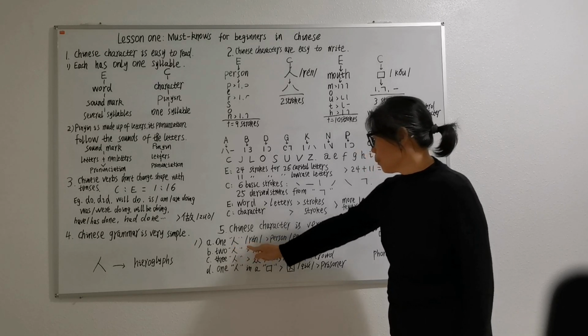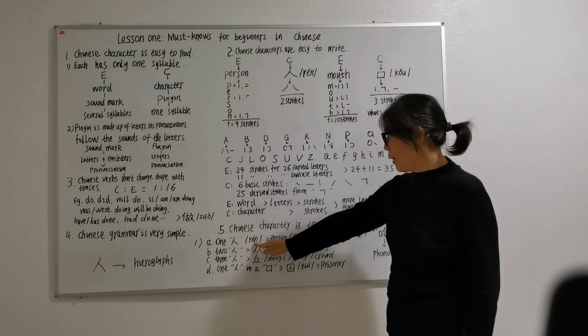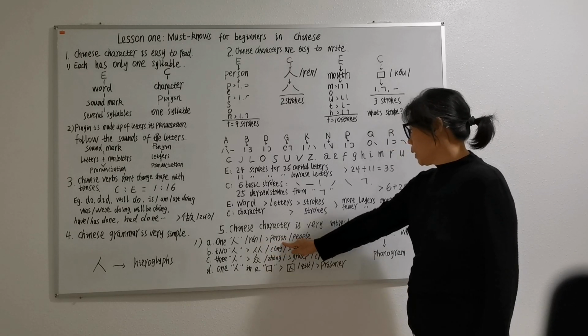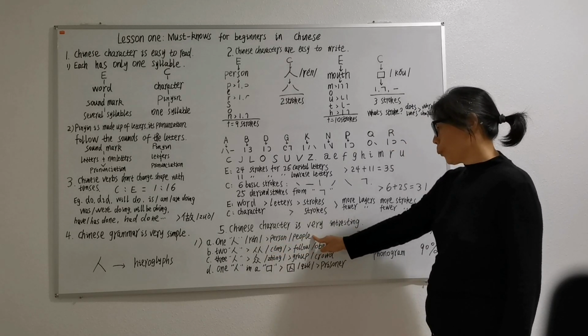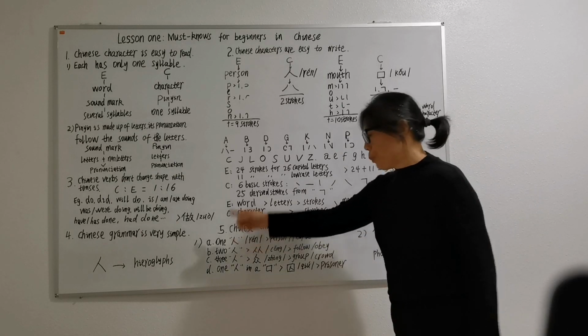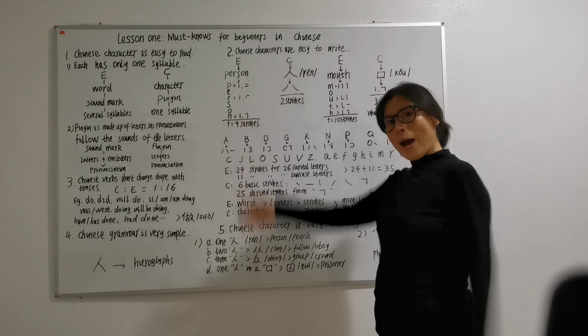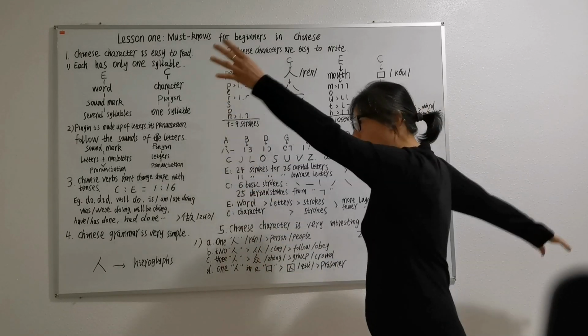1人, pronunciation is rén. Significance is person or people. Its shape is like walking in strides.